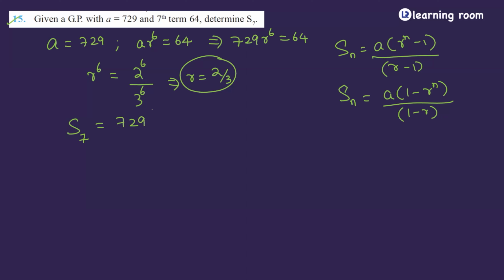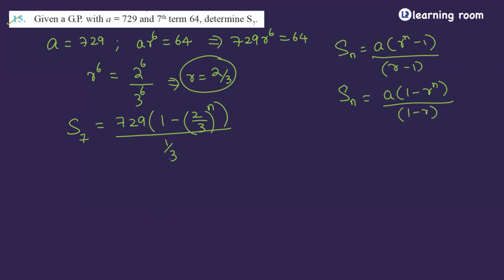729 into 1 minus r, which is 2 by 3, so 2 by 3 to the power n, the whole divided by 1 minus 2 by 3, which is going to give me 1 by 3. So 3 will go and multiply with the 729.